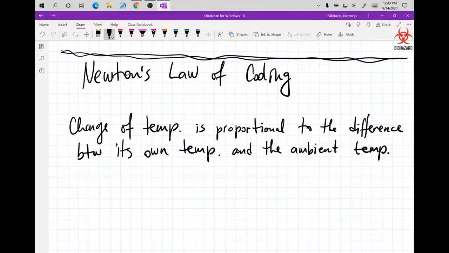Now, the statement says that the change in temperature of the chicken is proportional to the difference between its own temperature, which is 70, and the ambient temperature, which is the oven, which you can set to 250, 300, 350, any of that.